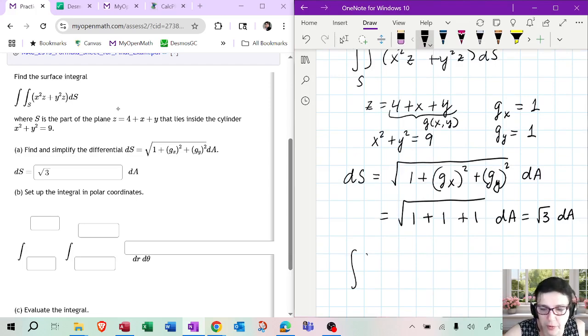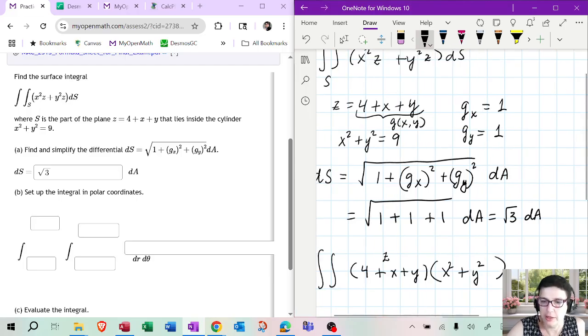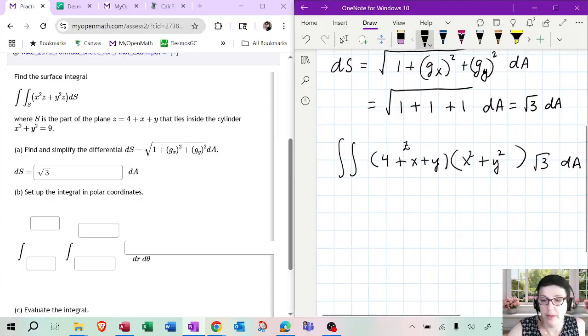I'm going to factor out z because it's in both terms, and substitute 4 plus x plus y for z. In parentheses, once you factor z out, you get x squared plus y squared. And instead of dS, we put square root of 3 dA.